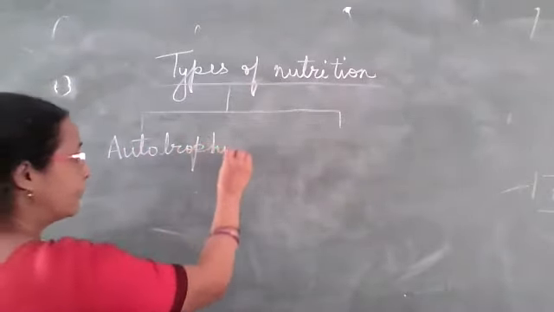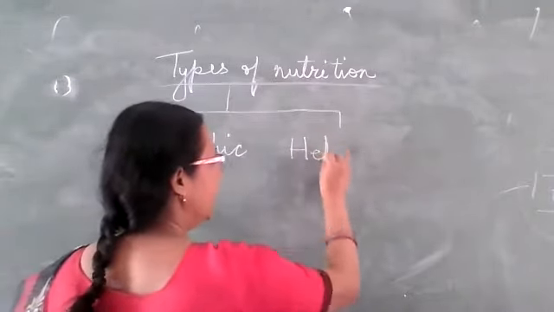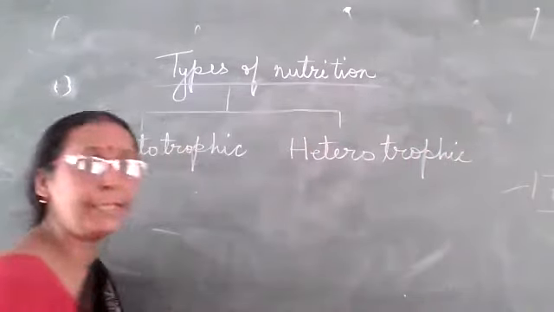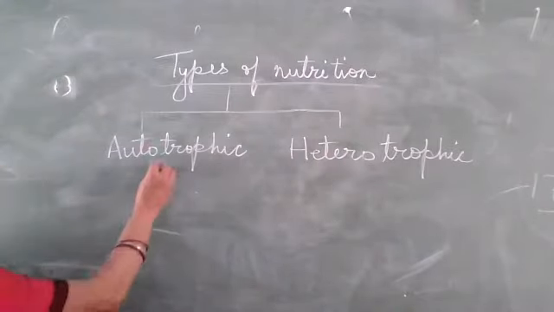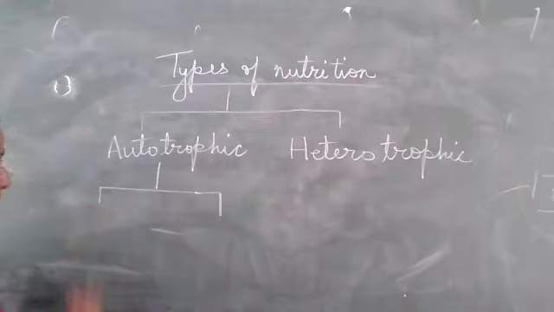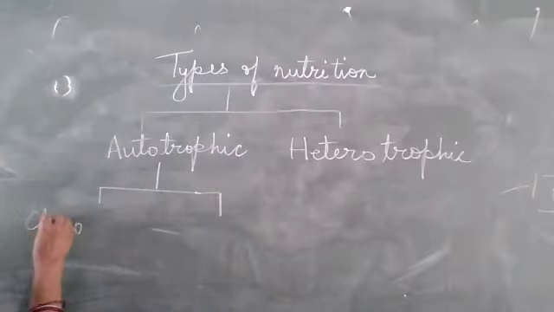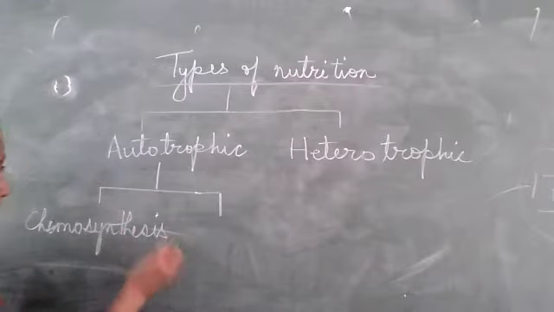Autotrophic. Auto means same, trop means to take food. Autotrophic and then heterotrophic.